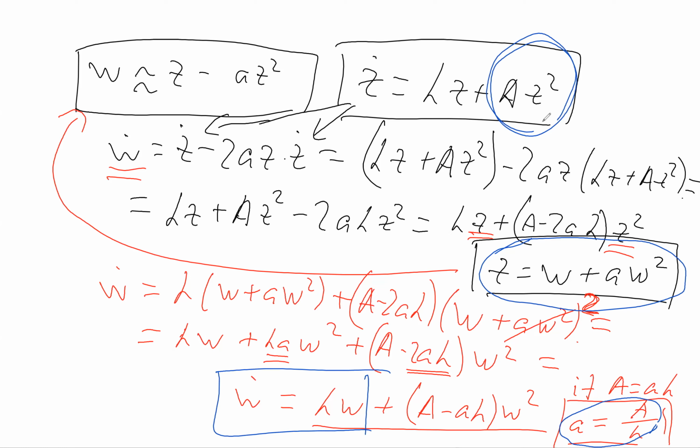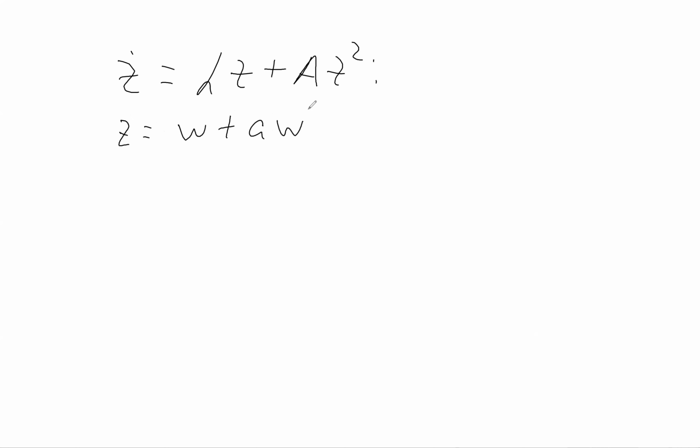So let's summarize it. I hope I will remember this. We got z dot equals lambda z plus a z squared. We made the substitution z equals omega plus w plus a w squared.